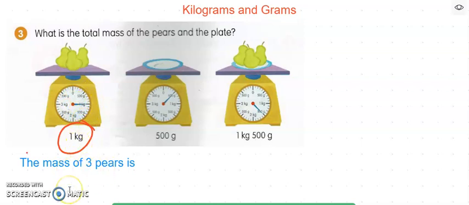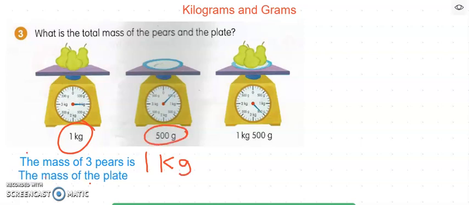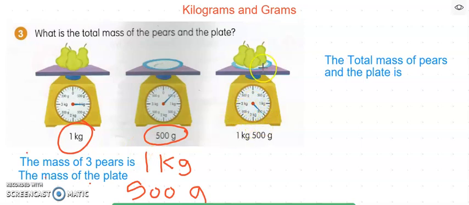So the mass of 3 pears is 1 kilogram. This scale shows the mass of the plate, right? So the mass of the plate is, as shown here, 500 grams.